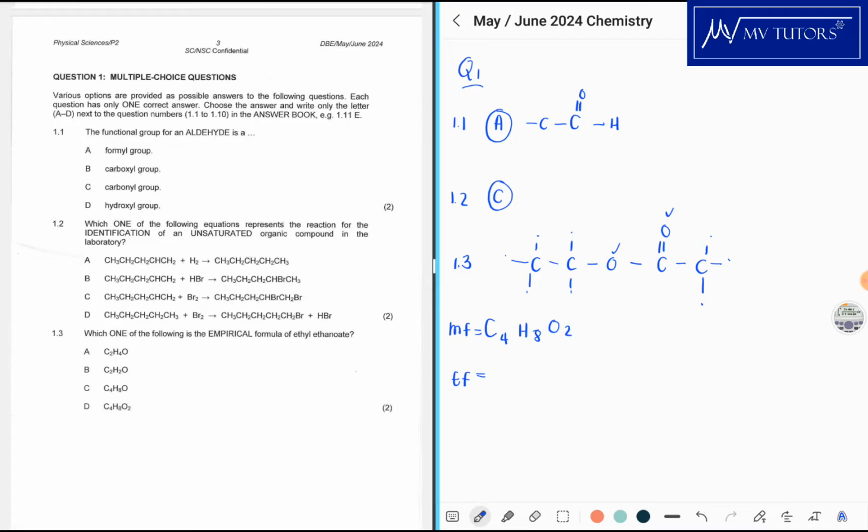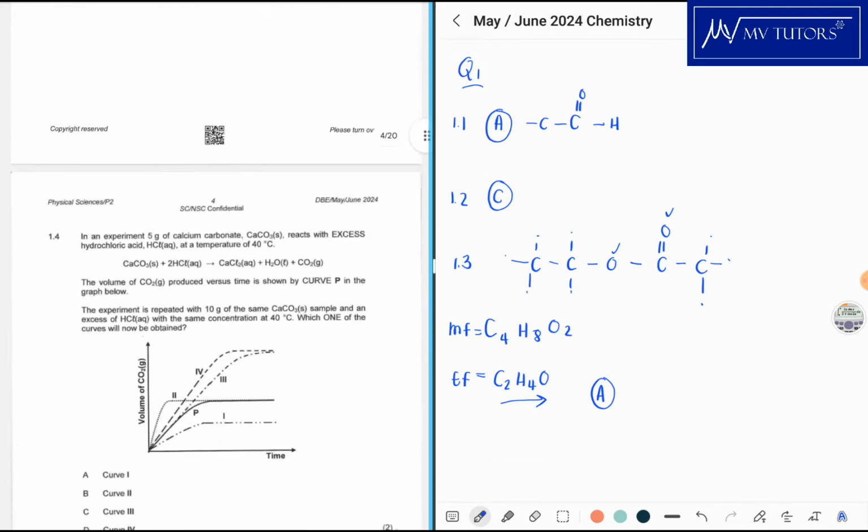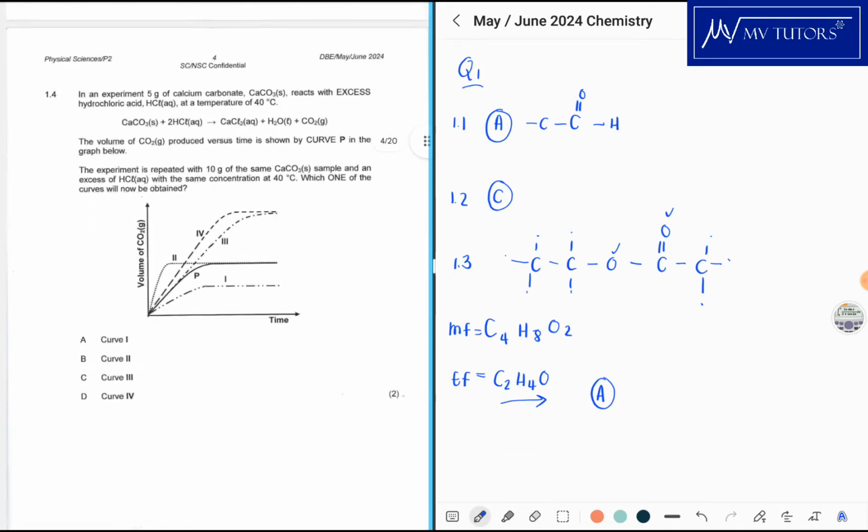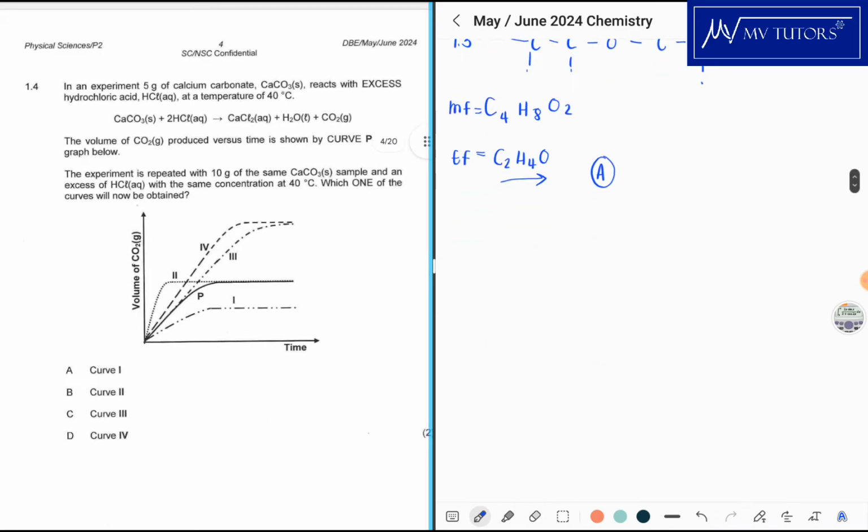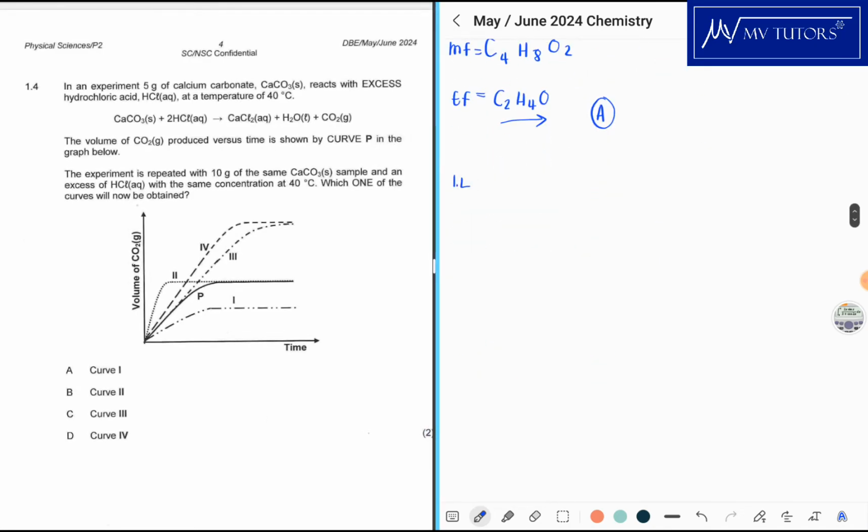If we simplify it, I can divide by 2 everywhere, that's the common factor, basically. I'm left with 2 here, I'm left with 4 and 1. So this is our empirical formula. And which option do we choose there? Well, I hope you see that it is A. Okay. So far, not so bad. Let's hope the rest of the paper goes like this.